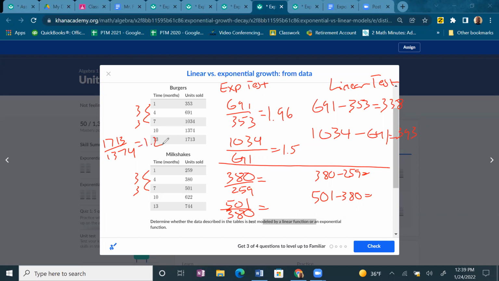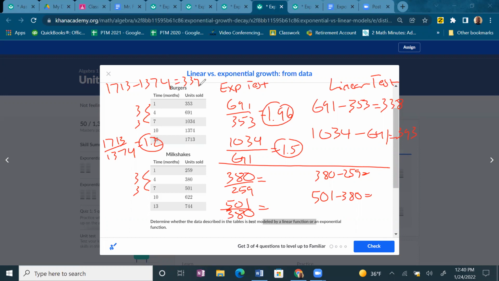So you see now I see it's decreasing. So I'm thinking this is linear, but let's also do the subtraction here. So 1713 minus 1374. 339. You see? So 339, 338, 393. So it's remaining around the 330s now.